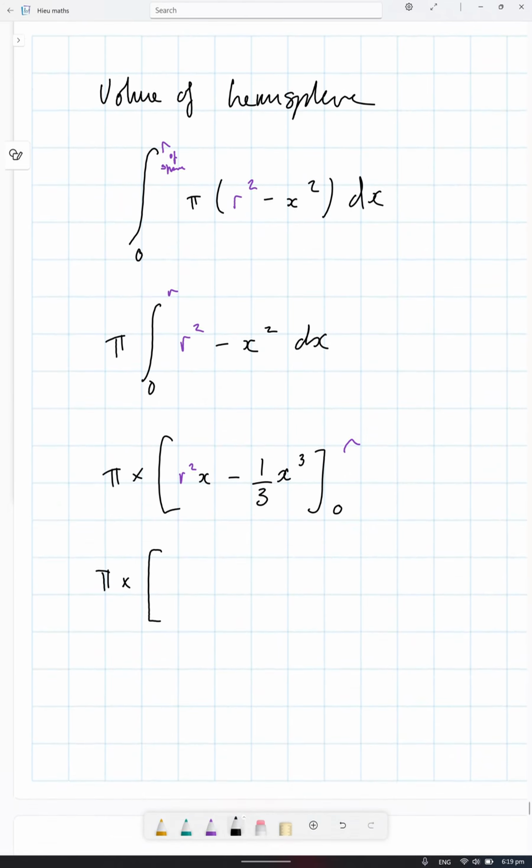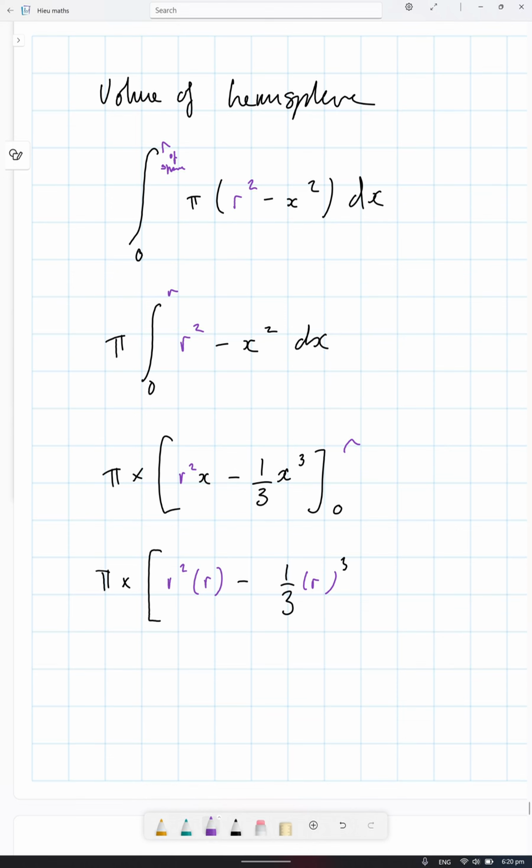Let's just do it really quick. Pi multiplied by, so we have r squared, we substitute r into x, so multiplied by another r, minus 1/3, put in r, and then we cube it. Technically minus the whole thing with 0 substituted in, but that turns out to be 0, so there's no point doing that.